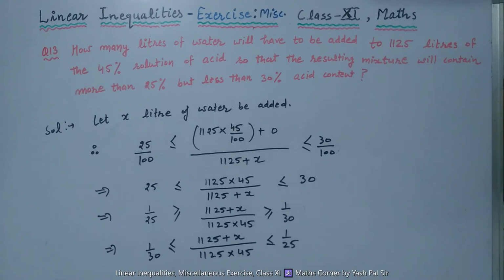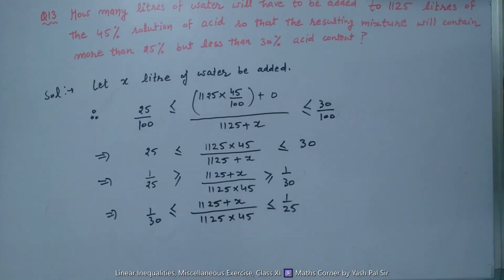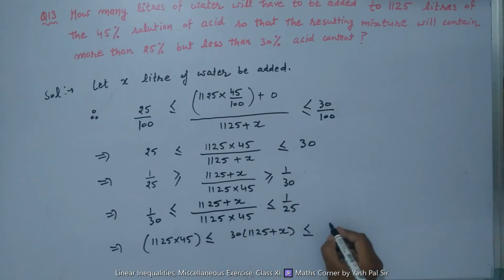So now we write it as 1125 into 45. This will be multiplied here, 30 will be multiplied here, and here also.